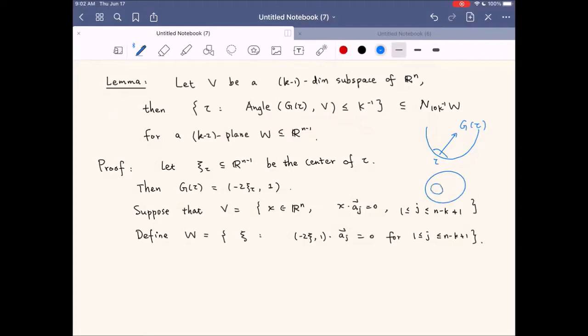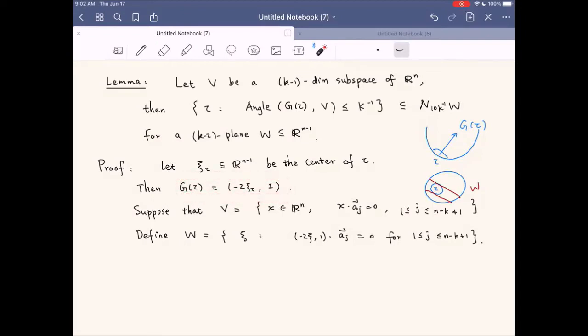So this is our tau, and the claim is that we can find a little W whose 1 over k neighborhood contains all the tau that we are interested in. The proof is simple. Let C tau be the center of tau, and then g tau can be parameterized by this vector.